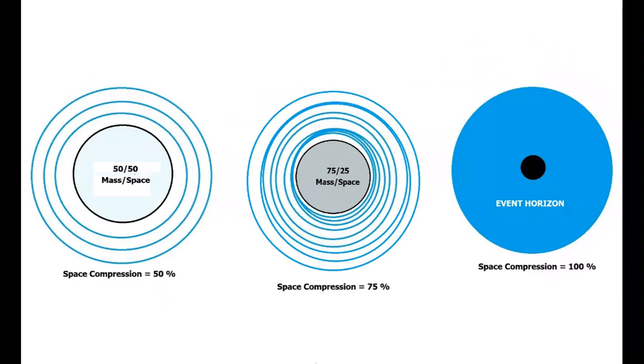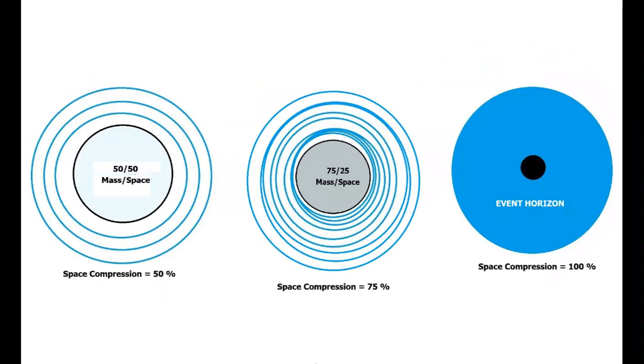So we see in the first image, there's 50% extra space, so there's 50% compression. That's our logic. The middle image, 75% extra space, 75% compression. We'll talk about what that means. And then here we are in the black hole. There is 100% extra space surrounding the singularity, and there is 100% compression.